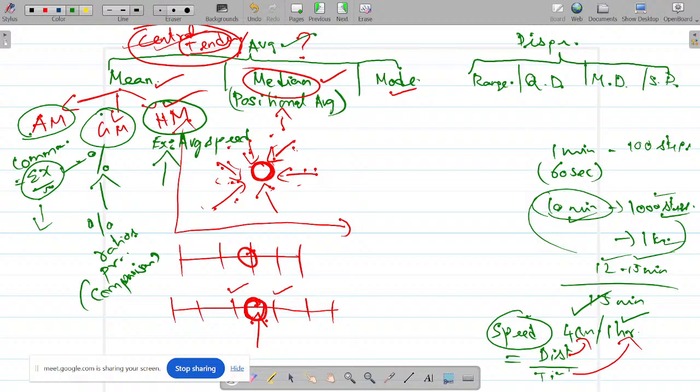Arithmetic mean. If they give marks of students, which average are you going to use? If they are giving marks as absolute values, you will use arithmetic mean. If they are giving the marks in percentages, you have to use geometric mean. There is a difference, and it will not be provided in the table. In the question itself, for the following percentage of marks, find the mean. You should not go directly and find the arithmetic mean because in the heading, what is given? Percentage of marks. Be very careful.